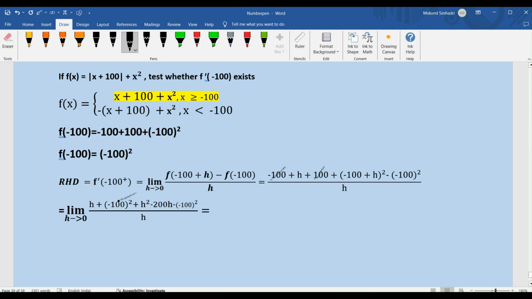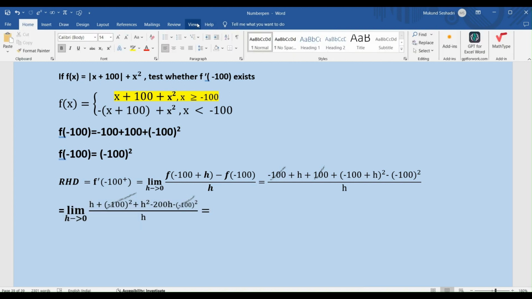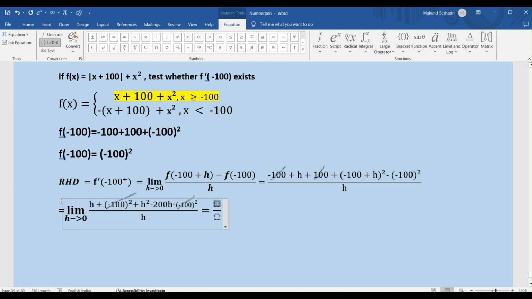The minus 100 square and minus 100 square get cancelled out, and that leaves us with, let me expand this further. My h square remains as it is, and my h can be combined with my minus 200h, rewritten as minus 199h, right?